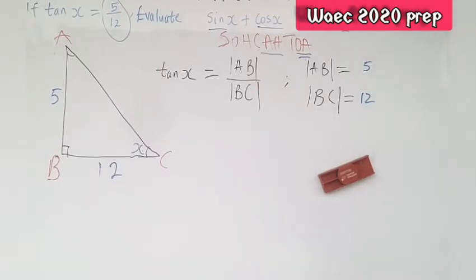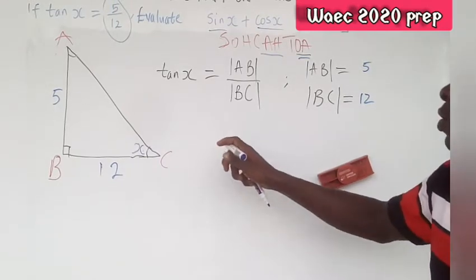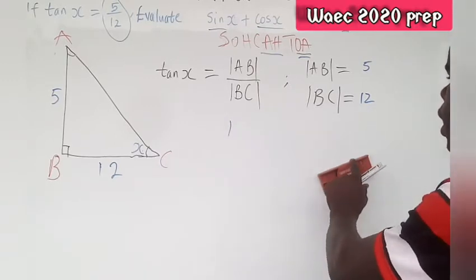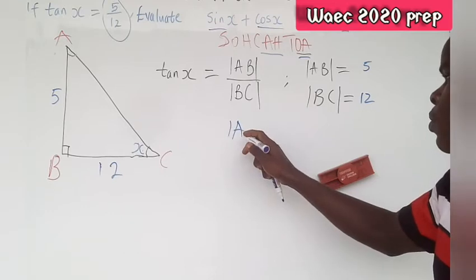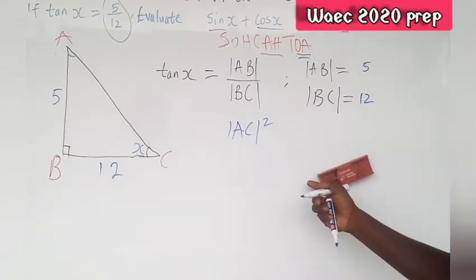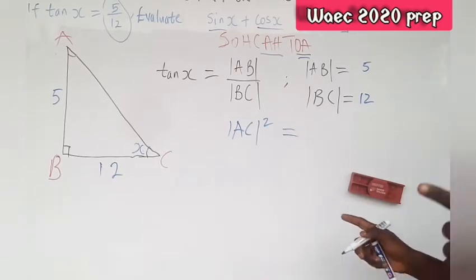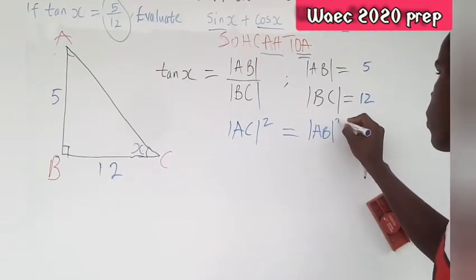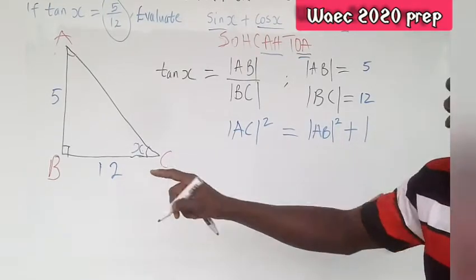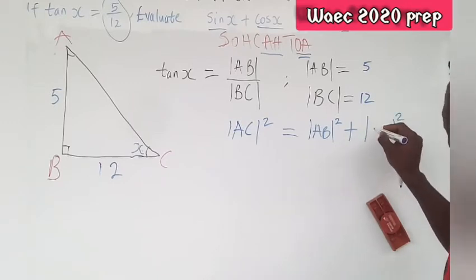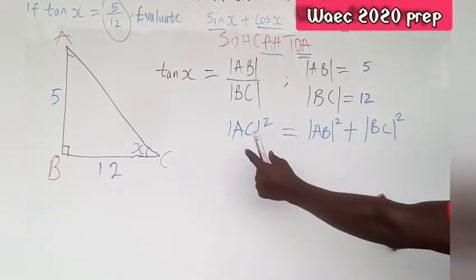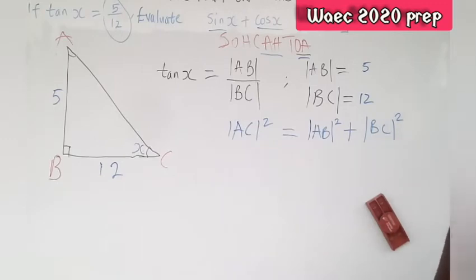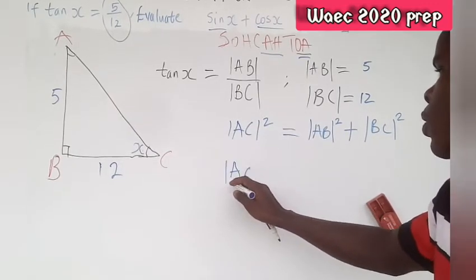The Pythagoras rule states that the square of the hypotenuse side, line AC, is equal to the sum of squares of the other two sides: the square of line AB plus the square of line BC.